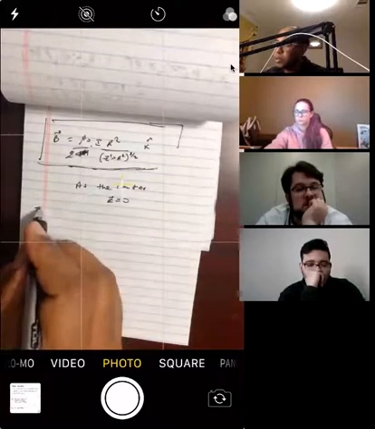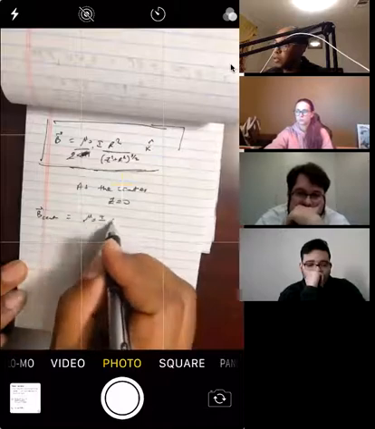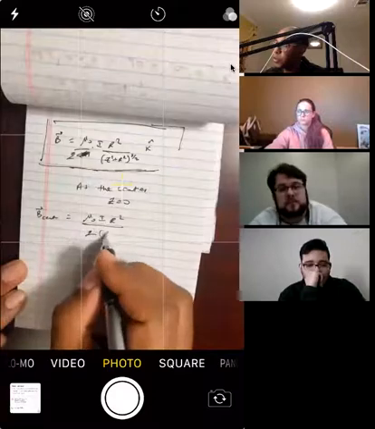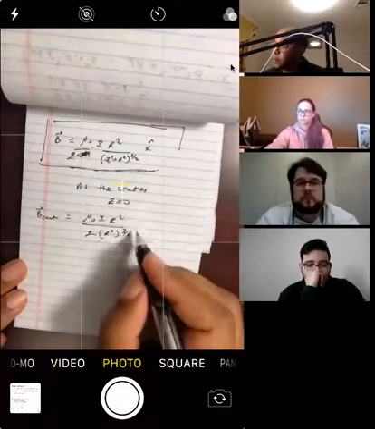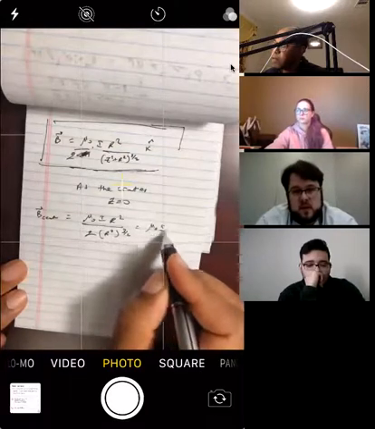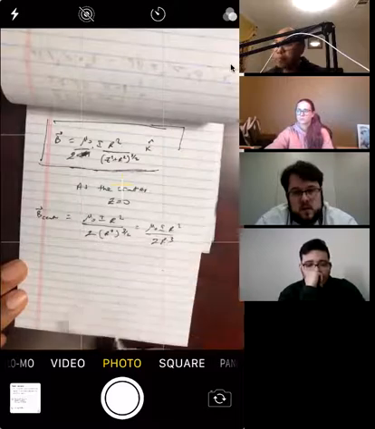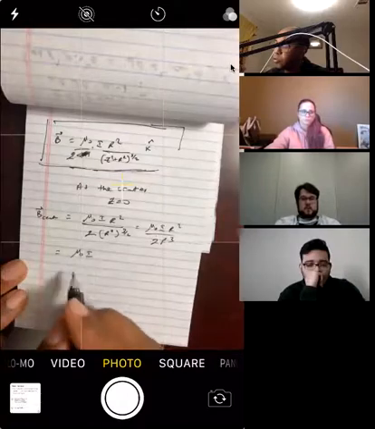So B at the center, using this formula, would be mu naught I r squared times 2, and then you put 0 over here, it will be r squared to the 3 over 2. So you get mu naught I r squared over 2 r cubed, and then you get mu naught I over 2r.